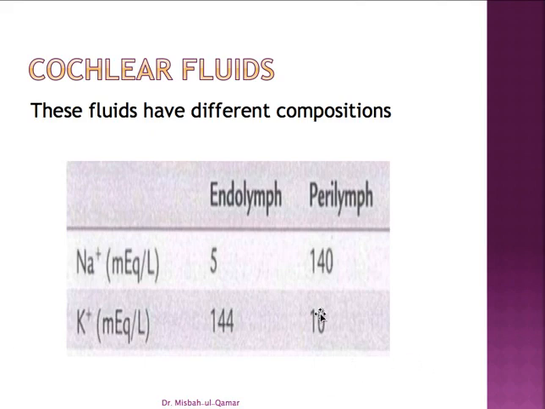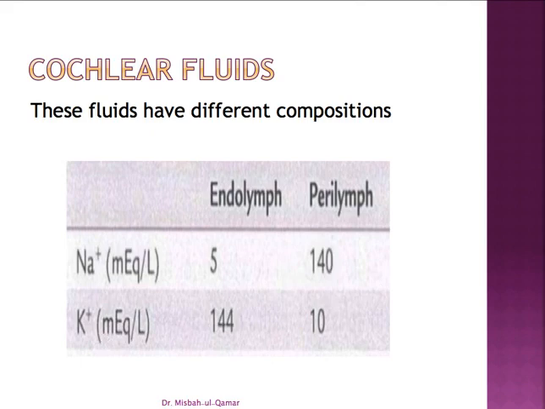The perilymph is present in the scala vestibuli and the scala tympani. Both these chambers are filled with the perilymph. And perilymph is similar to the extracellular fluid in composition. How is it similar to the extracellular fluid? Because it has a high concentration of sodium ions.